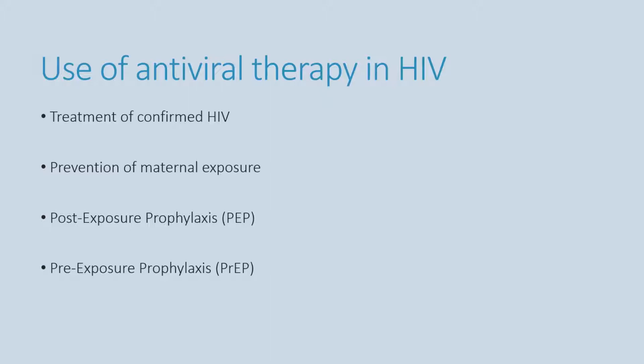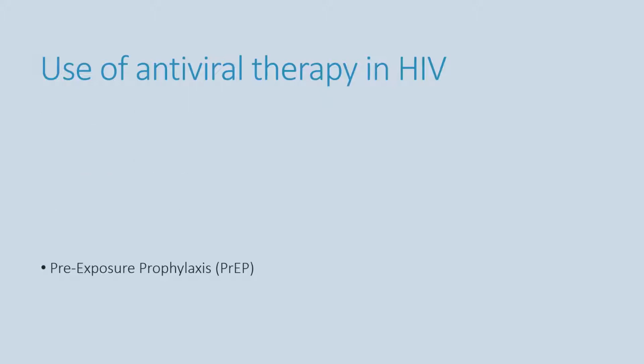There are 4 uses of antiviral therapy in HIV: the treatment of confirmed HIV, the prevention of maternal exposure, post-exposure prophylaxis, which is a short course taken after exposure to a HIV risk, such as needle stick injuries or high-risk sexual activity.